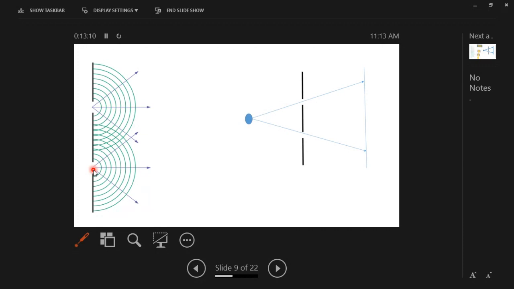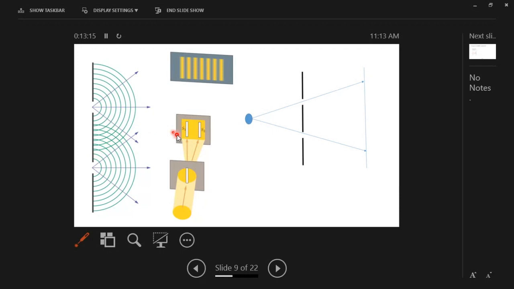So if I want to show it differently, this is what's going to happen. These are the two slits. And then you look at the screen here, and what you see is completely different than what you would have expected if ray optics had been the correct theory describing light. What you would see is this, a series of bright and dark fringes following one another.